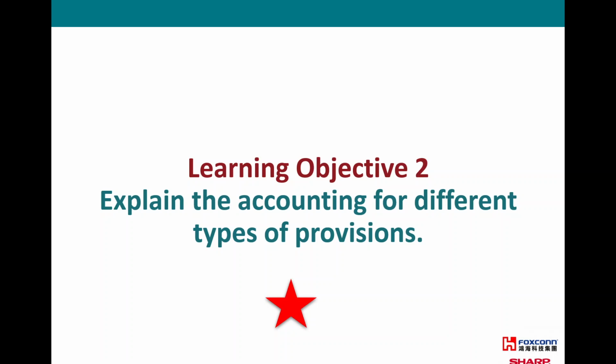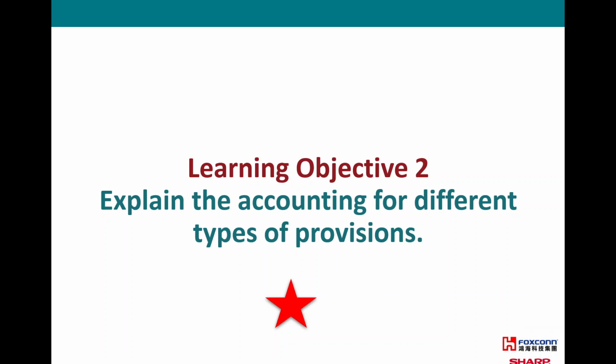So please go to your chapter 13. We talk about liabilities, right? If you still remember, we mentioned at the beginning that we have three major types of liabilities, depending on uncertainty. We've done the current liabilities already.